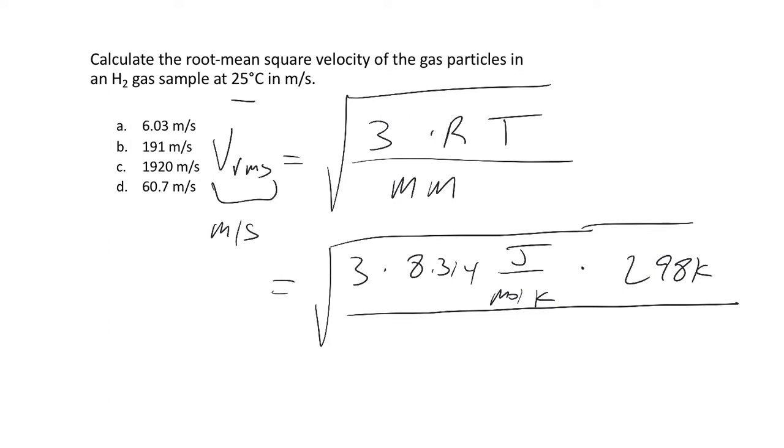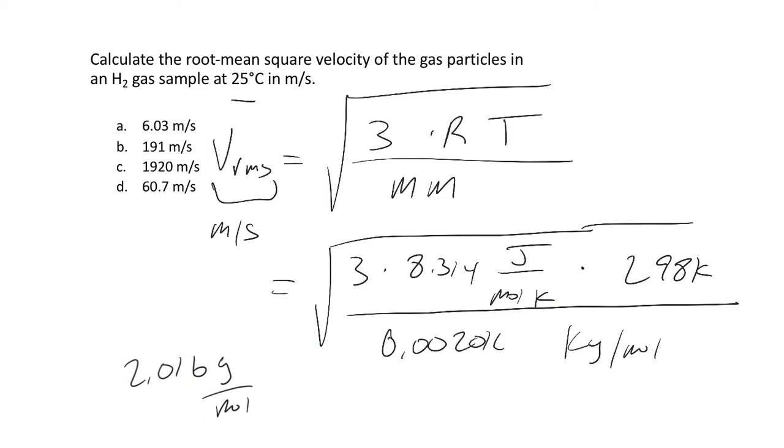Well, what's the SI unit of mass? Is it the gram or kilogram? It's the kilogram. So if you think SI units, you might think, okay, we've got to go kilograms per mole for our molar mass. And so hydrogen is 2.016 grams per mole. So that would be 0.002016 kilograms per mole.